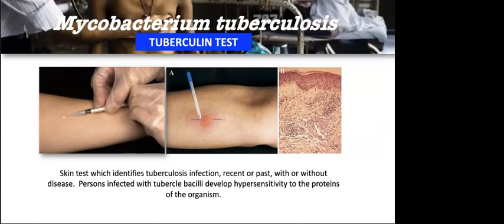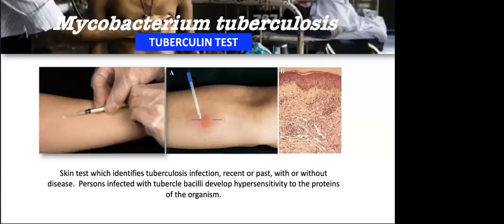You can also do TB blood tests. So a positive TB skin test or a positive blood test only informs us that the person is infected. It will not tell whether the person has the latent type or the active type of TB infection.